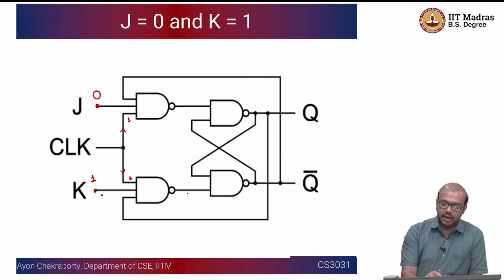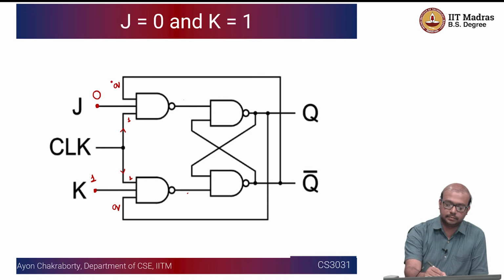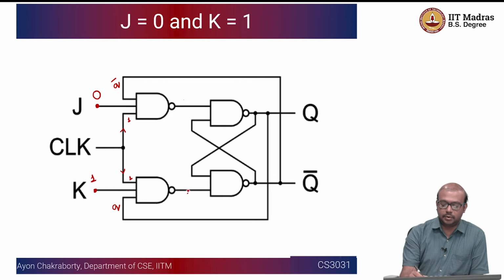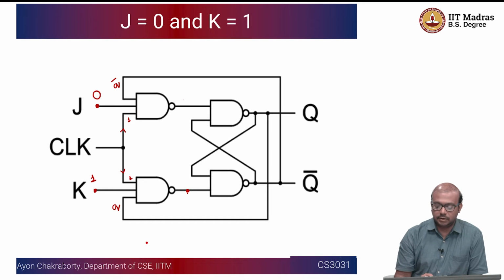So if K is equal to 1 and here you are having Q, and here you are having Q bar. So what is the output of this line? The output of this line is going to be Q bar.